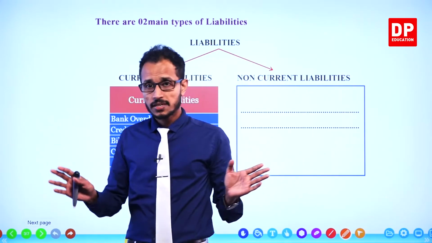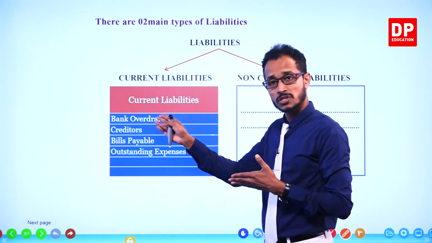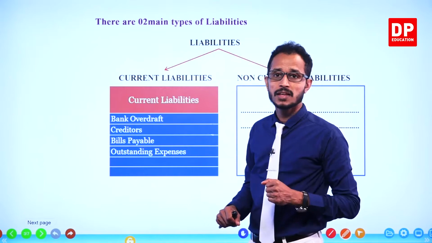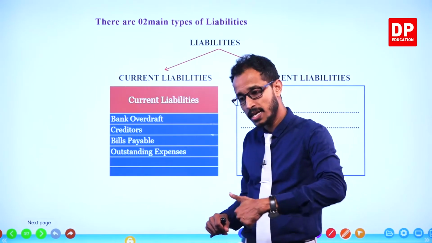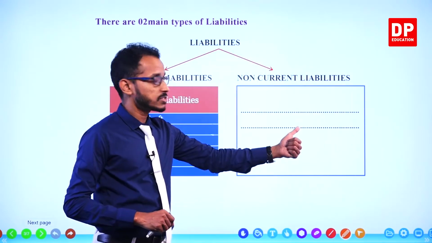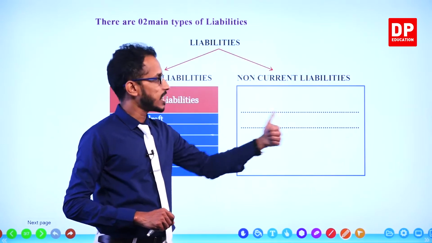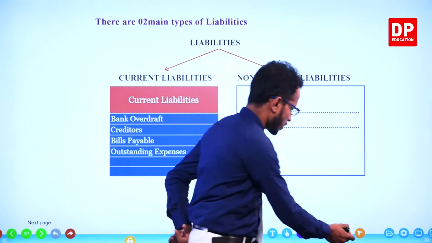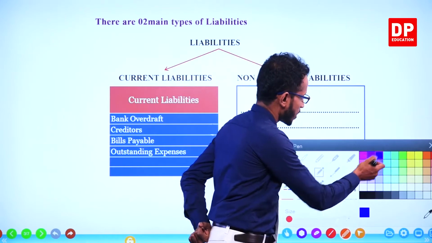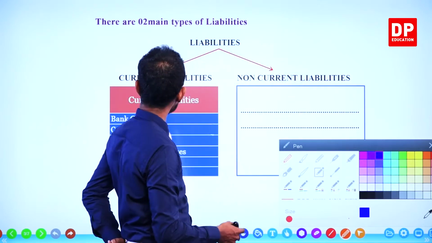No need to say that current means short-term liabilities and non-current means long-term liabilities. Why did I say there is no need to mention it?